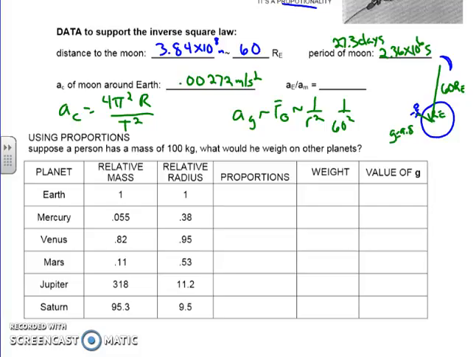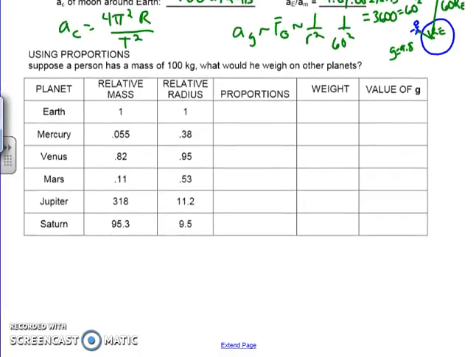So if we take the acceleration of a body near the Earth, that's 9.8, and divide it by the acceleration of an object at the moon's distance, which is 0.00272 meters per second squared, sure enough, we get that to be very close to 3,600, which is 60 squared. So he had some very good evidence that his idea of the inverse square law was valid, and people took notice of that.